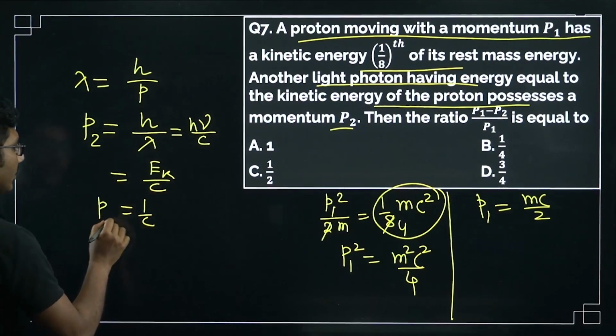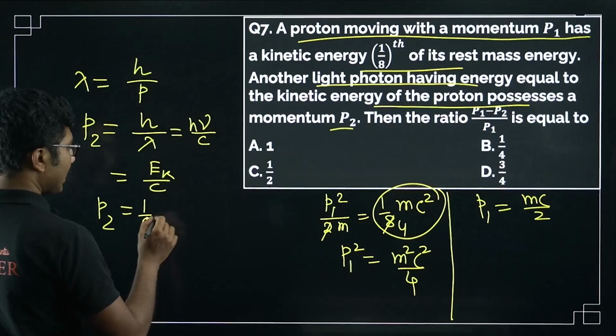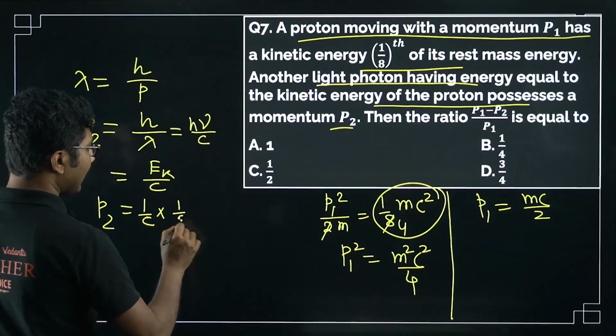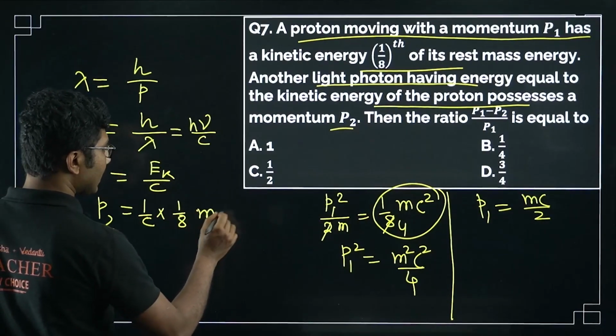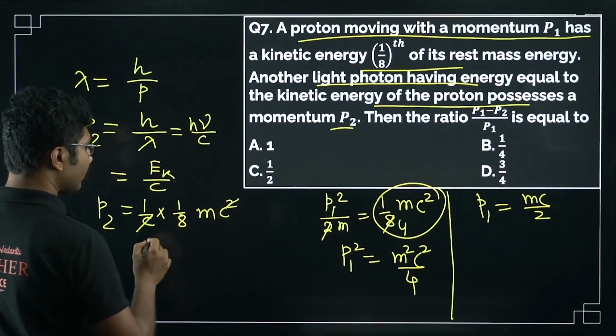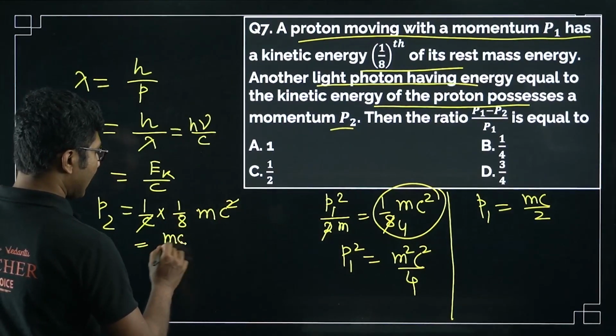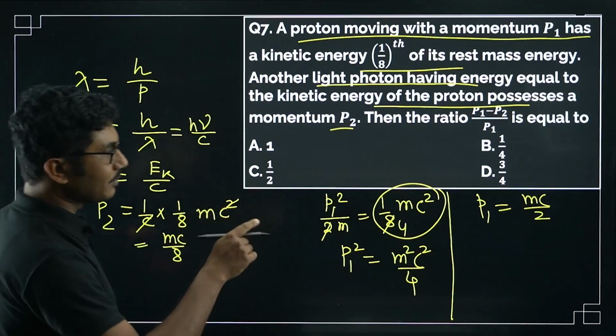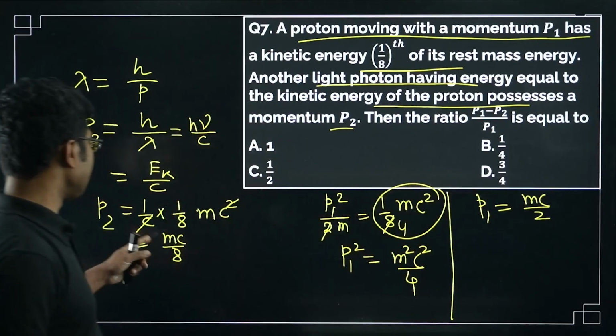So P2 will be equal to 1 by C into 1/8 of its rest mass energy, that is mc square. So one of the C will cancel, and you will get mc by 8. So one of them is mc by 2, one of them is mc by 8.